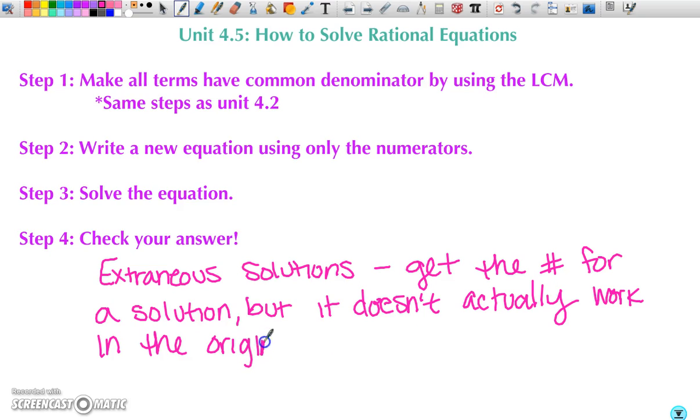Maybe even say original equation. Okay, so we need to check for extraneous solutions. It's really super important that we do that.